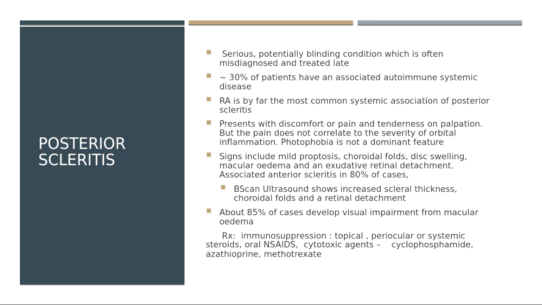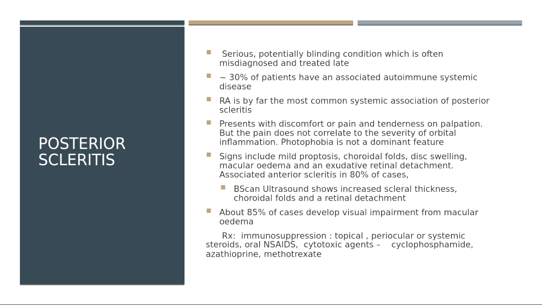And usually in up to 80% of cases, there is an associated anterior scleritis. So most patients present with both anterior and posterior. And we do B-scan ultrasounds, which show increased scleral thickness, choroidal folds, and a retinal detachment. It can show that if they have an exudative RD.